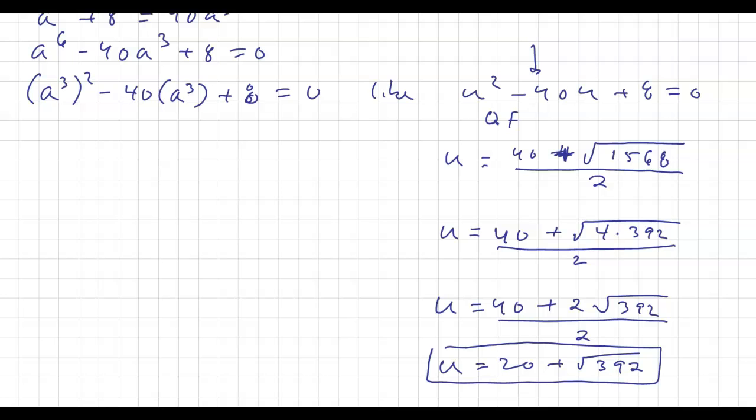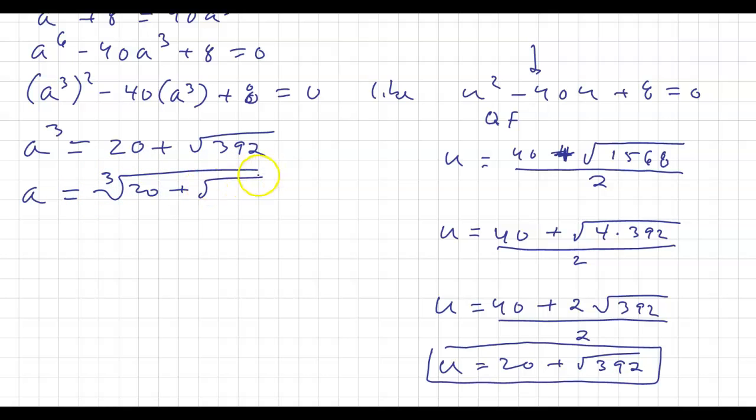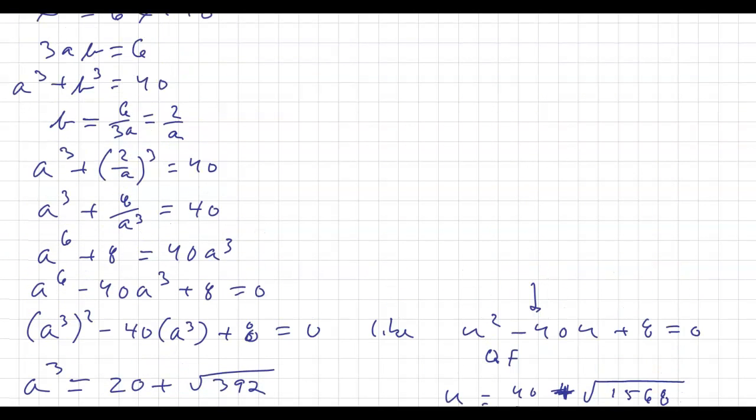Now, that means if I come over here and did the same thing, I'd end up with not u equals, but a cubed is kind of taking the place of the u. So a cubed is 20 plus the square root of 392, which means a is equal to the cube root of 20 plus the square root of 392. Now to solve for b, you can take the a cubed you just got and plug it into this equation.